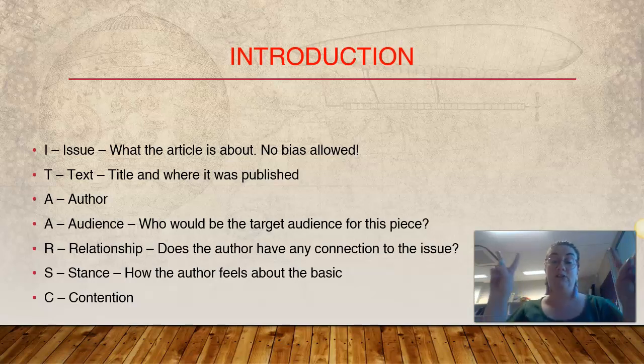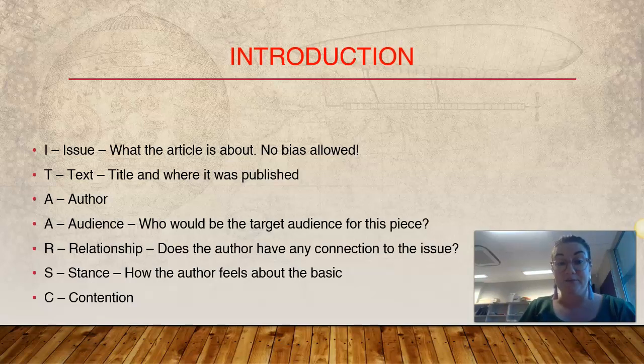Okay, so the title of the article gets inverted commas and where it was published is underlined. Then you have the author, so who wrote it. You also need the audience, so who was the target audience for this piece? Who would be most likely to read this piece? Okay, so for instance, an article about dogs being better than cats obviously is directed at pet owners, particularly dog owners.